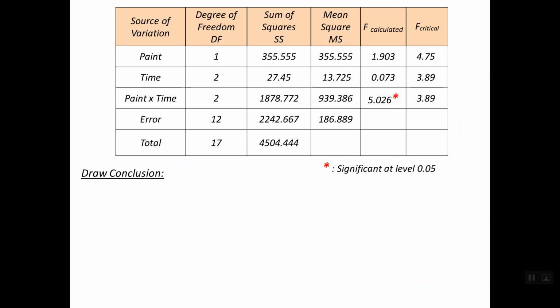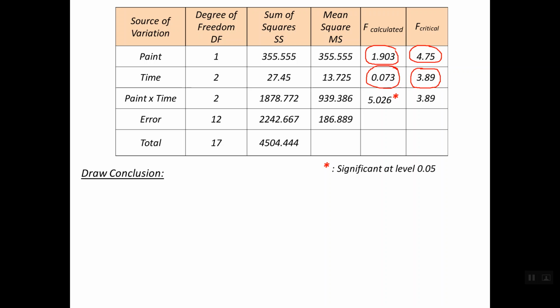It's already mentioned here. So this is the calculated value for the paint. It is less than the critical one, so there is no significance. Regarding the second factor, it is 0.073. Again, it is less than the critical one, so there is no significance.